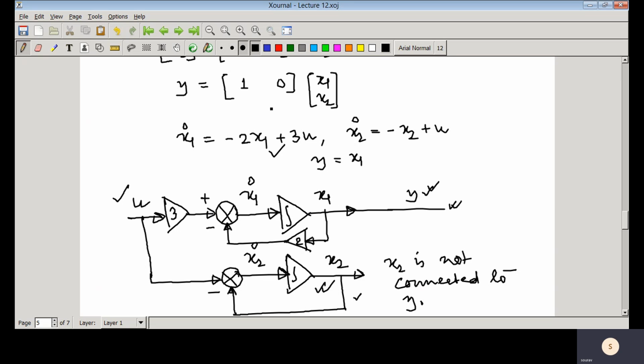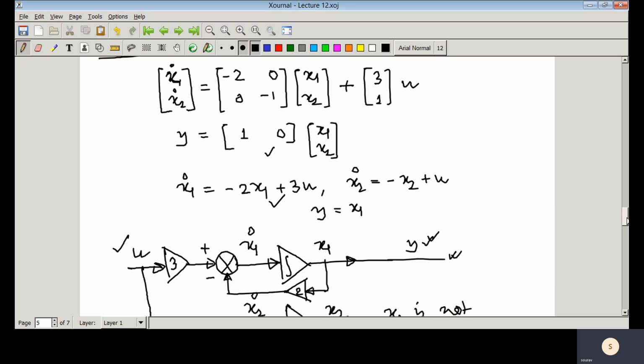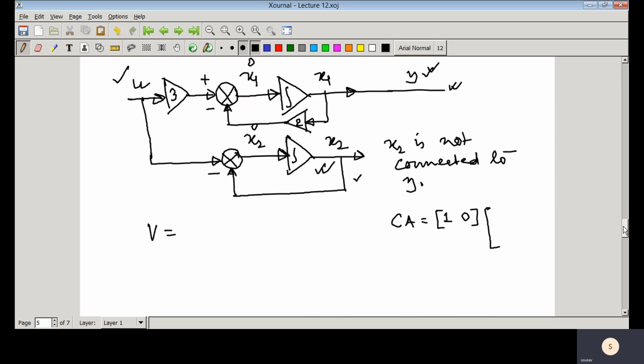C is [1 0], and what is CA? Let us calculate CA first. That is [1 0] times the A matrix [-2 0; 0 -1], which gives [-2 0].